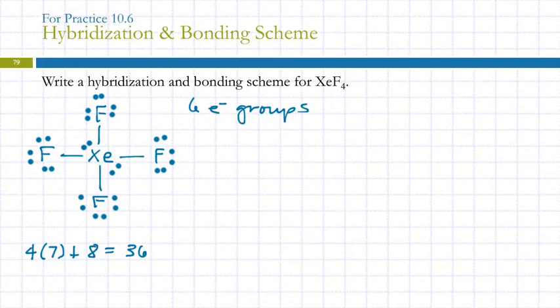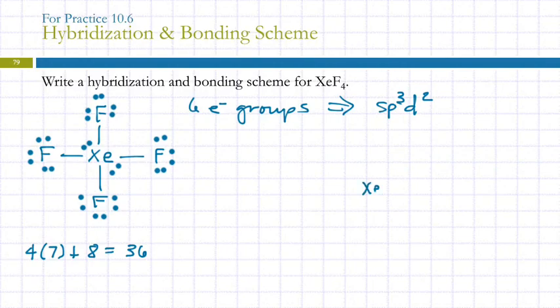So what's the hybridization? 1, 2, 3, 4, 5, 6. sp3d2. Now this is the part that's kind of tricky. Drawing this three-dimensional structure can be difficult. So we're just going to do the best we can.